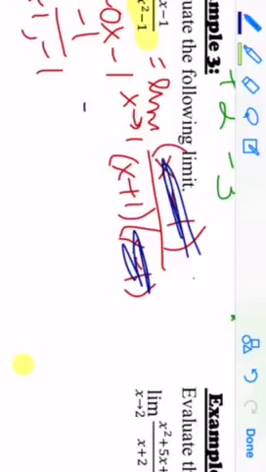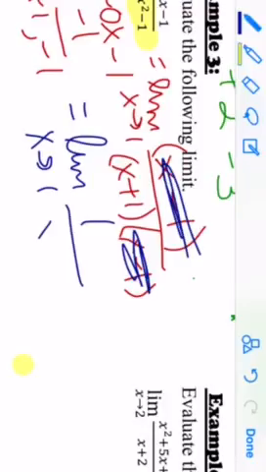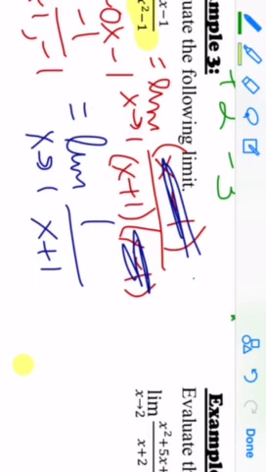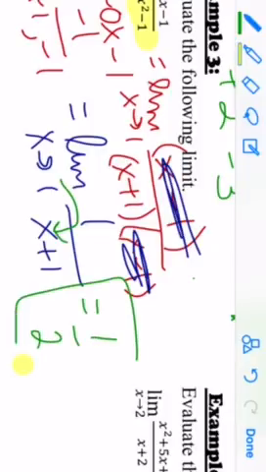Okay, and so we're left with the limit as x approaches 1 of 1 over x plus 1. Okay? And then that's our second step here, is to just plug in 1 for x, just substitute. So if you're plugging in 1 for x, you're going to get 1/2 when you evaluate that limit.